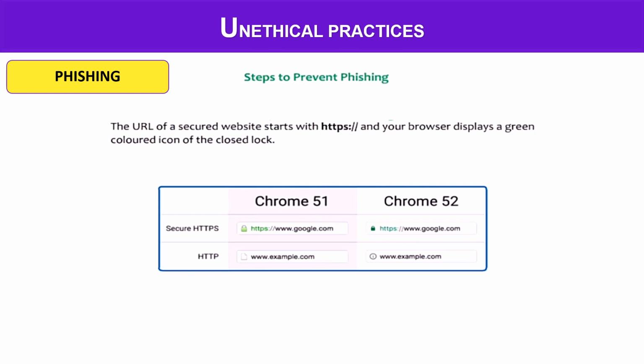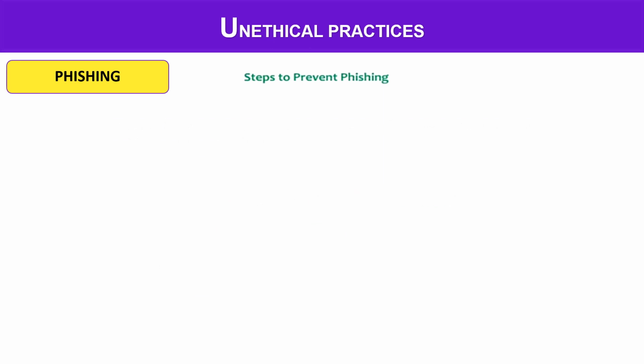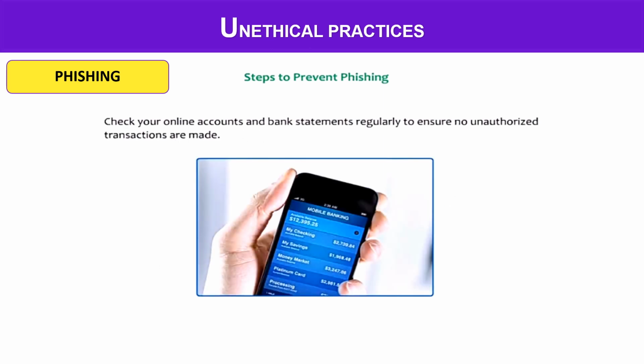In simple words, it means that the information that flows from the server to the browser in this case is now encrypted and hence protected. Check your online accounts and bank statements regularly to ensure no unauthorized transactions are made. Unauthorized transaction is performed by somebody to whom you do not give permission, which means without your permission.